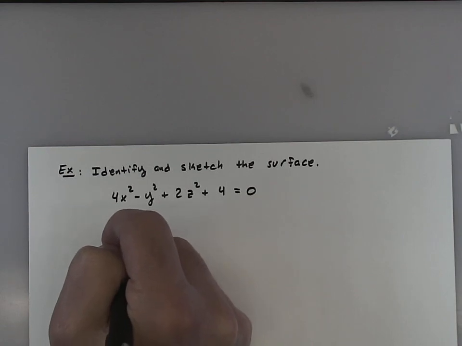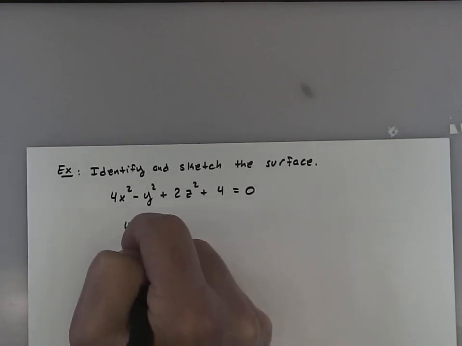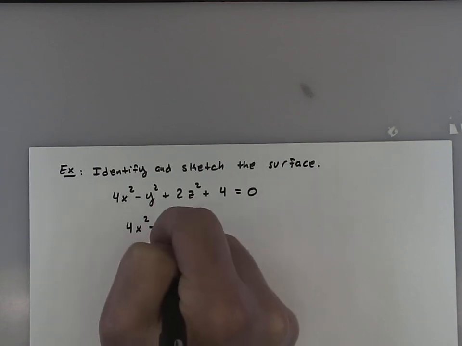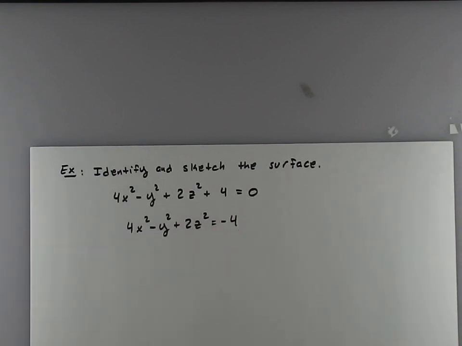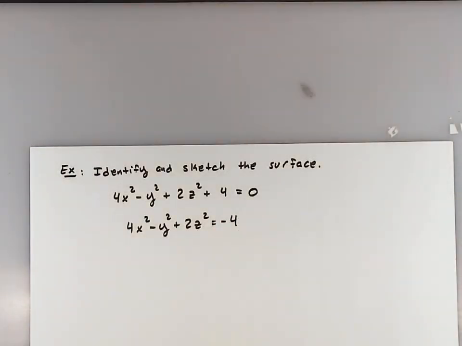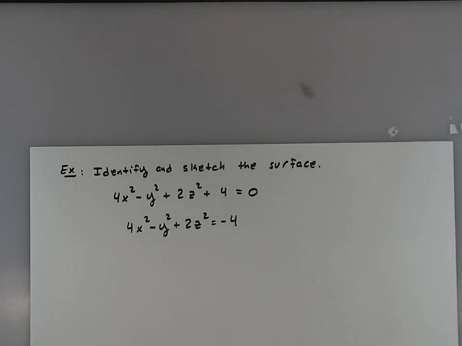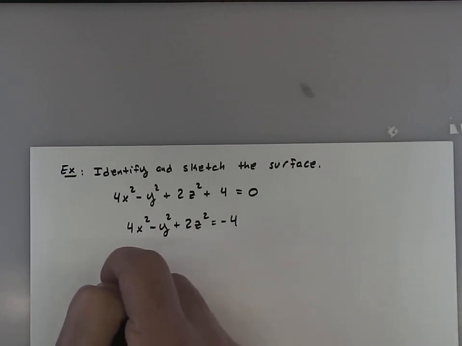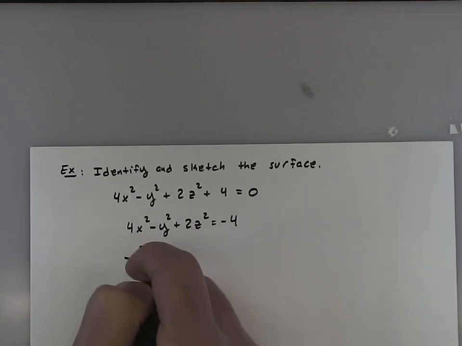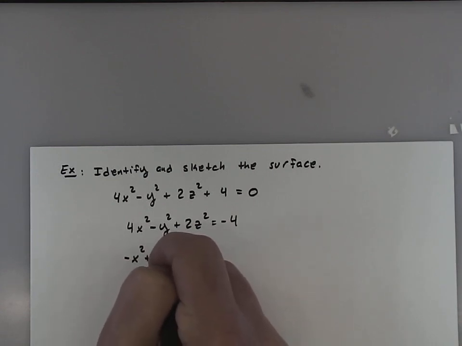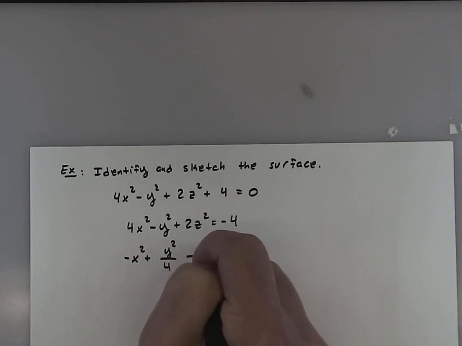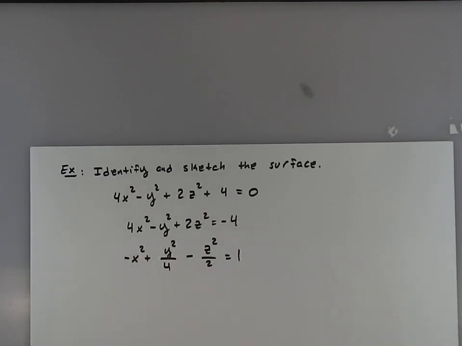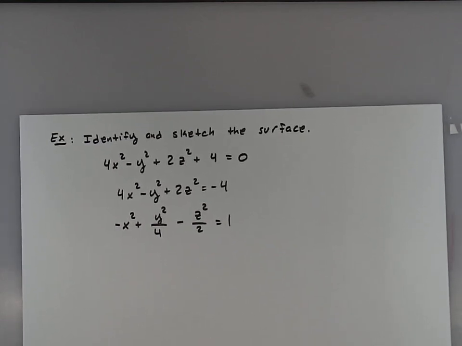So if I subtract the 4 over first, 4x squared minus y squared plus 2z squared equals negative 4. If I divide everything by negative 4, I end up with negative x squared plus y squared over 4 minus z squared over 2 is equal to 1.